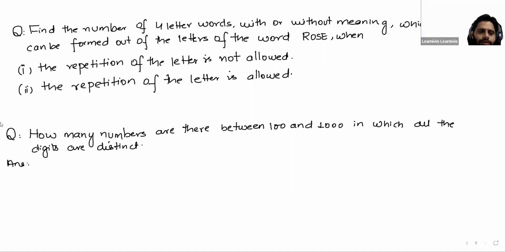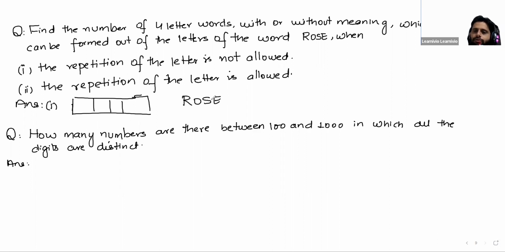Okay, so Rishan, in this question: find the number of 4 letter words, with or without meaning, which can be formed out of the letters of the word rose. So we need to form a word with 4 letters. 1, 2, 3, 4 blocks. We have these alphabets, rose. So Rishan, we need to put the alphabets in these blocks.